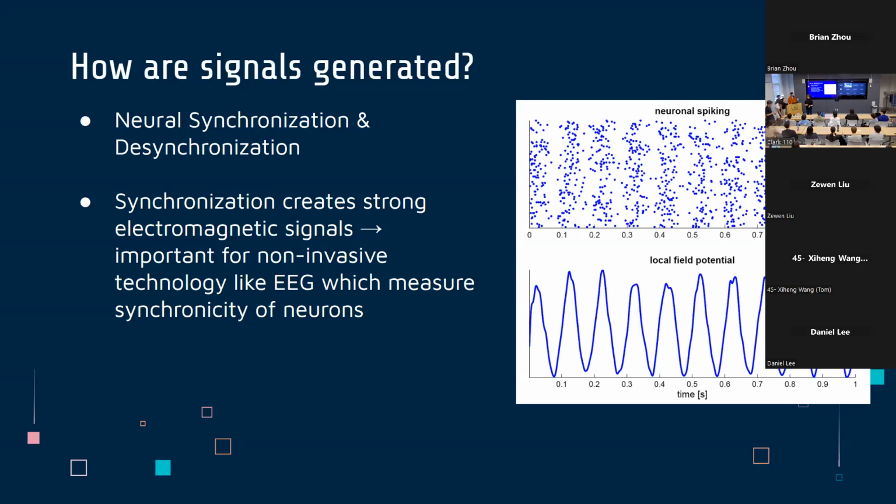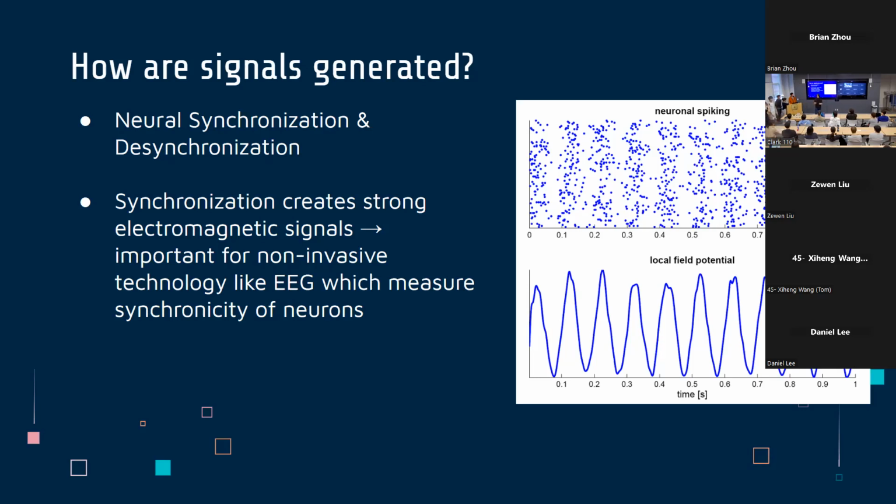So synchronization, that is when neurons are firing together, they create very strong electromagnetic signals. Because when you think about it, when each neuron fires, there's a local change in the electrical potential in the area.